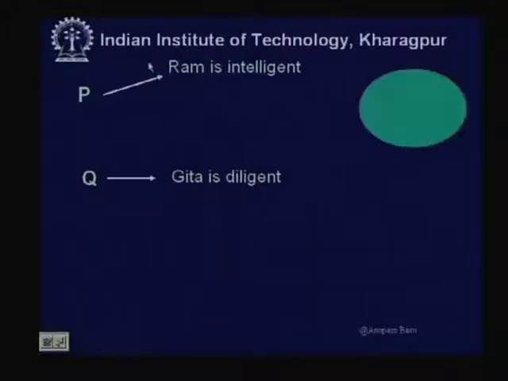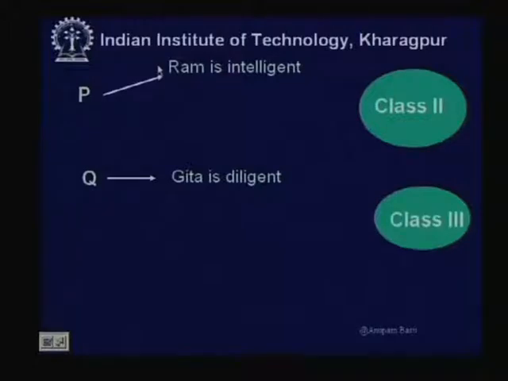Now, say when I again look at class 2 and there is class 3, and there is a Ram in class 3 who is intelligent, then this Ram is intelligent evaluates to true, and Geeta is diligent is talking about a new proposition. Geeta is diligent is false when I talk about the Geeta who studies in class 2.